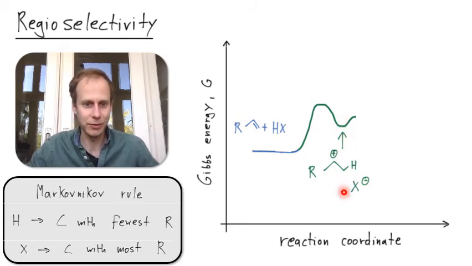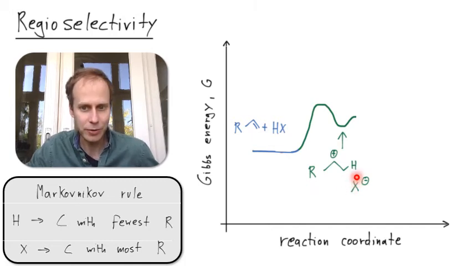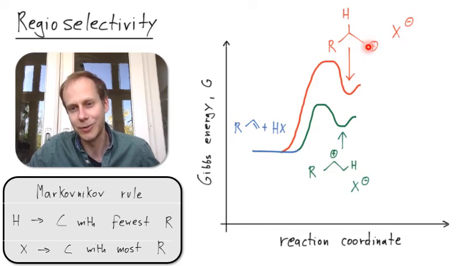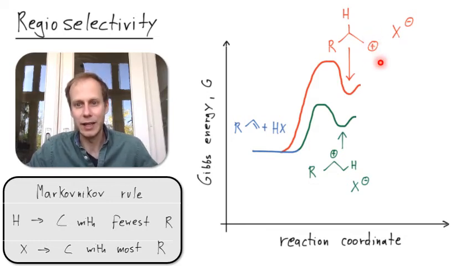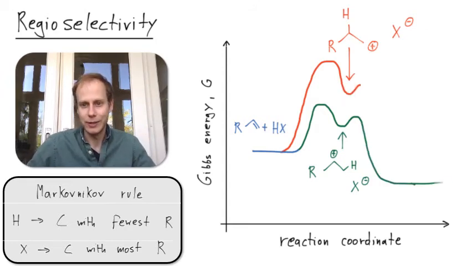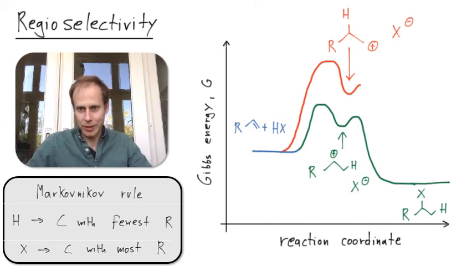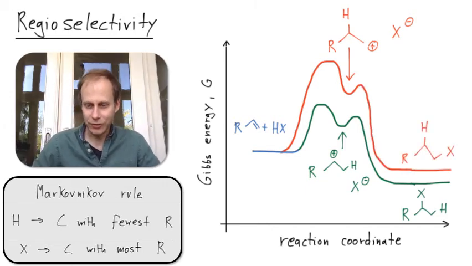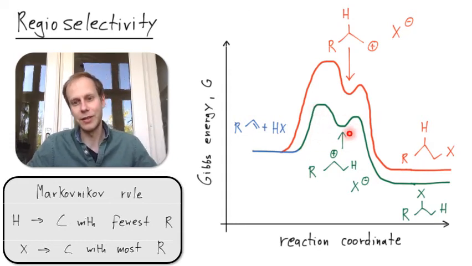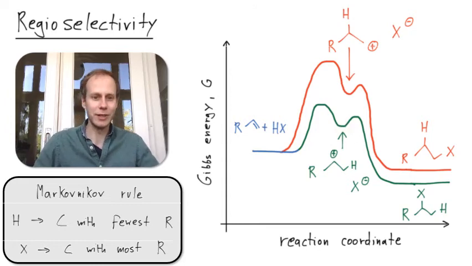And this here is the carbocation that is favorable to be formed, because here the positive charge is more stable according to the Markovnikov rule, unlike in the other case where the positive charge is located at the end carbon, causing a less stable and a higher energy intermediate. So at the end you get your product. In both cases the energies of the two products are relatively similar, but the main route is this one because it has a lower activation energy and a lower energy of the reactive intermediate.